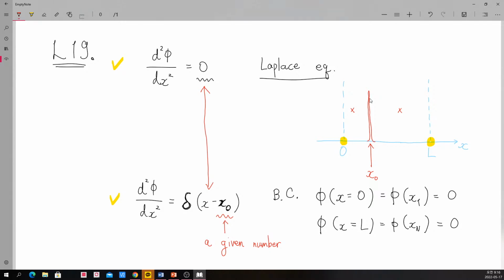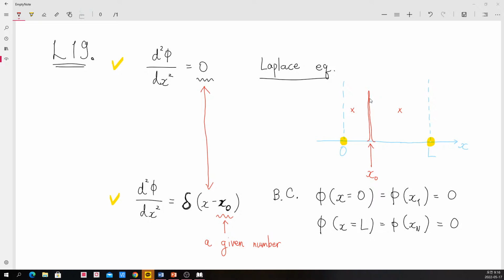However, in the parallel plate capacitor at a certain position called x naught, there exists a sheet charge. Then what will be the potential distribution inside this parallel plate capacitor? That can be obtained from the solution of this equation.